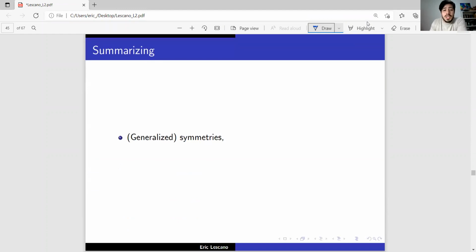Then we have generalized symmetries. In gauged double field theory, we have diffeomorphisms. These diffeomorphisms give us the abelian transformations, this is the zeta parameter, the non-abelian transformations, and the ordinary diffeomorphisms.